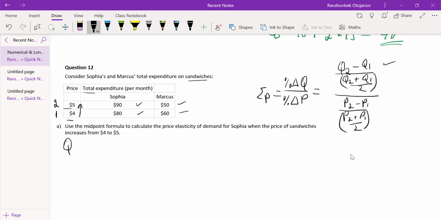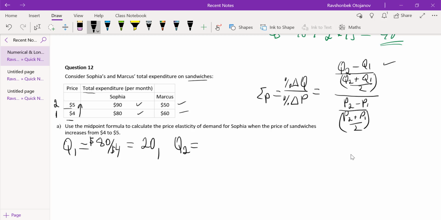So for Sophia's quantity 1, first month, it is basically $80 over $4, which gives us the quantity of sandwiches that Sophia bought at $4, so that is 20 units.